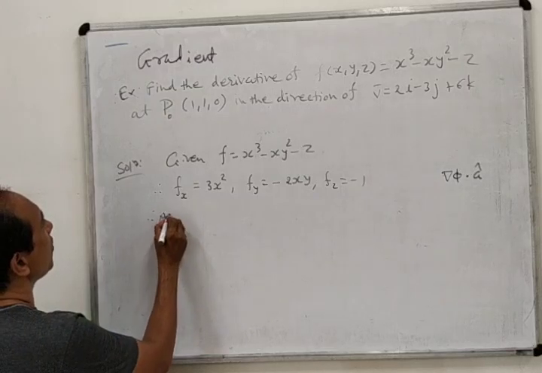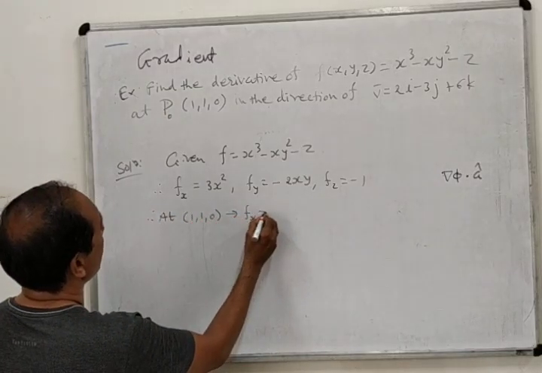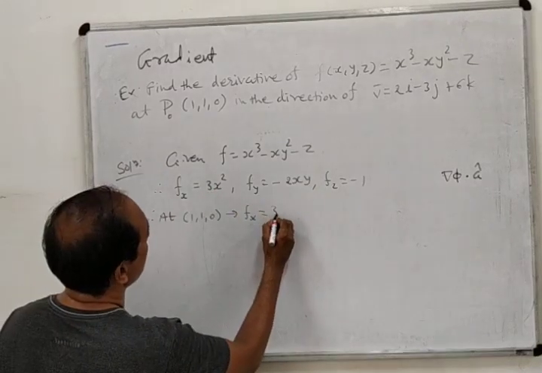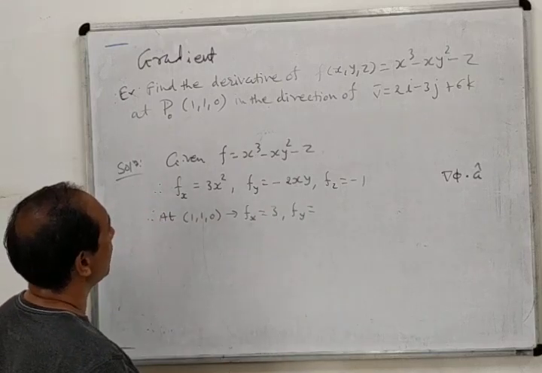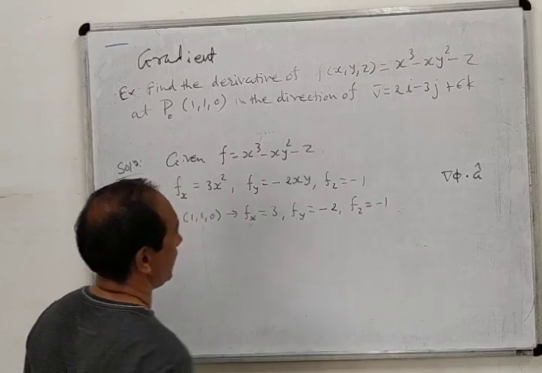And therefore at the point (1, 1, 0), f x equal to 3, since x is 1. F y equal to minus 2, since x is 1 and y is 1. And f z equal to minus 1 already.